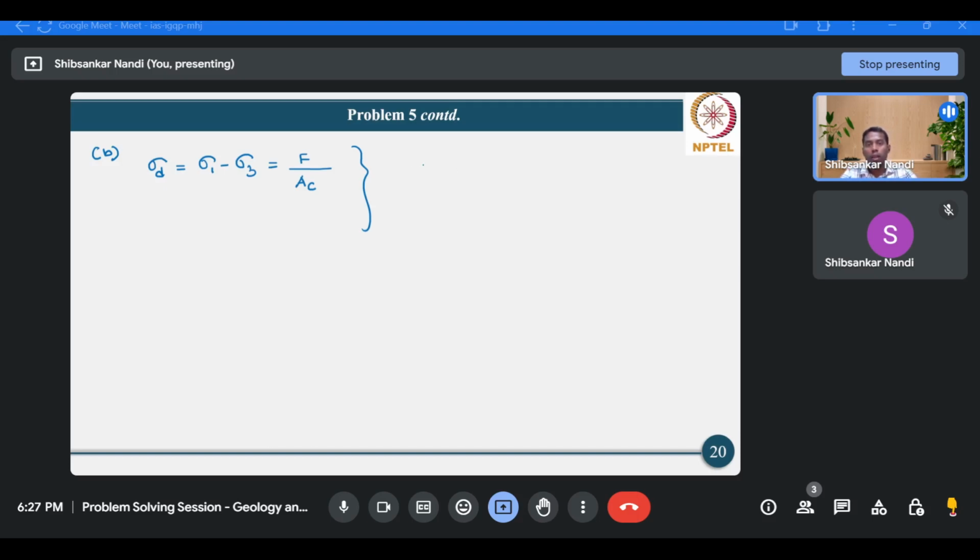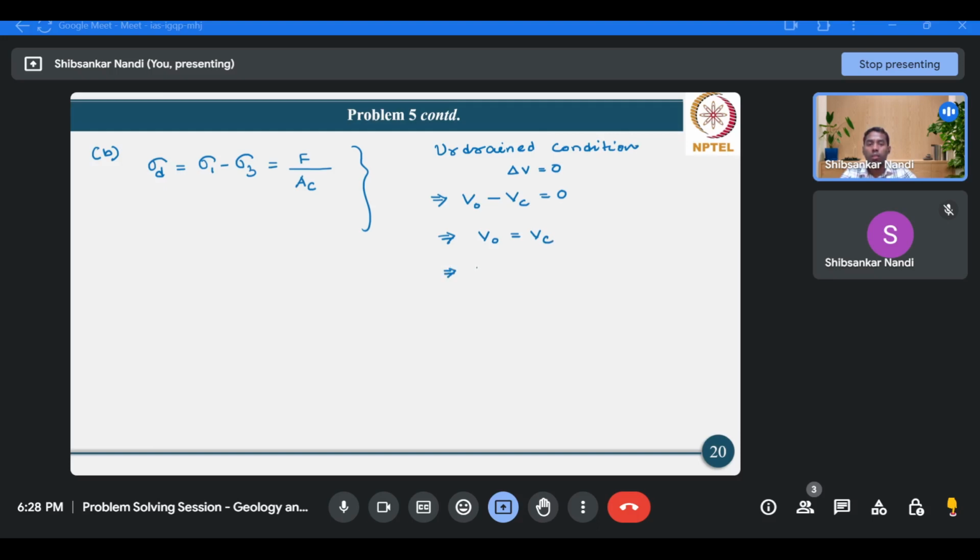Further, since it's undrained condition, your delta V should be 0. There will not be any volume change. Therefore, suppose this is the initial volume and this is the corrected volume, V0 should be equated to Vc.